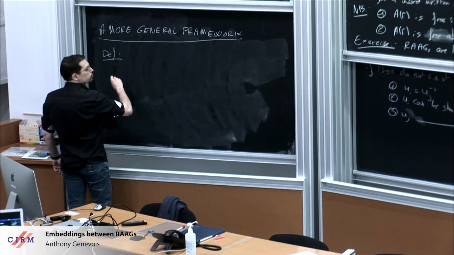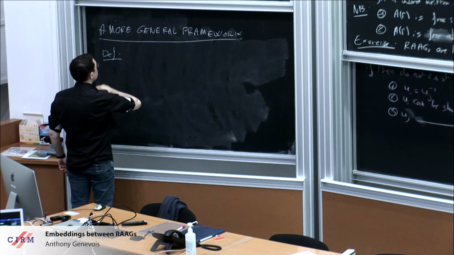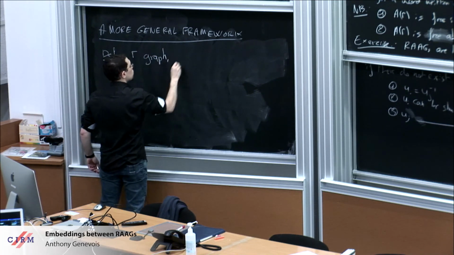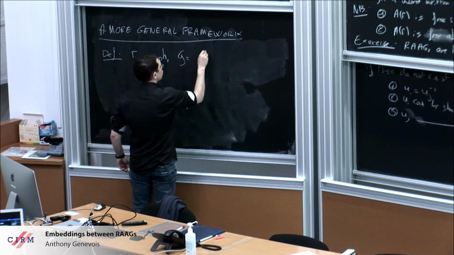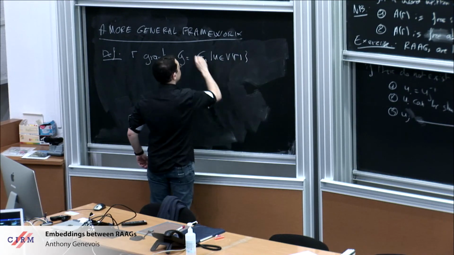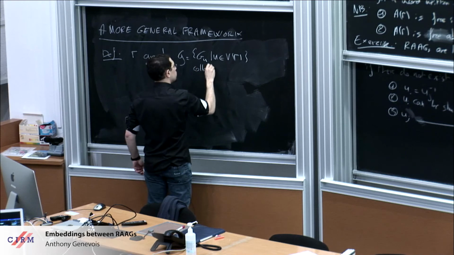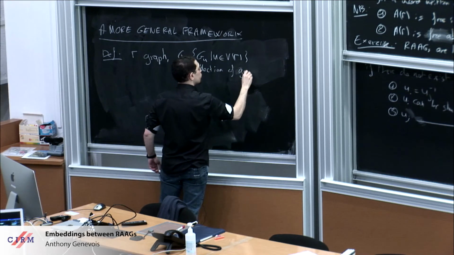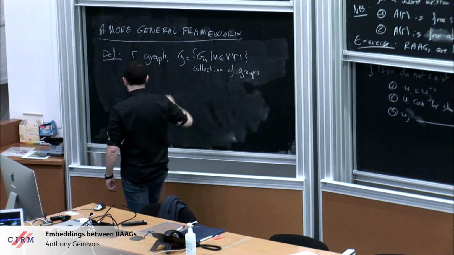Okay, so graph products of groups. What you do is that you fix a graph gamma, and you fix a collection of groups indexed by the vertices of the graph.